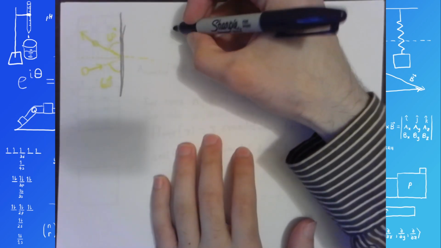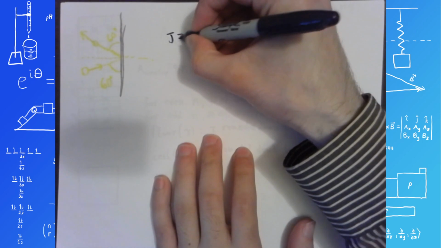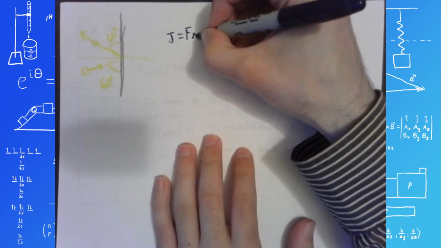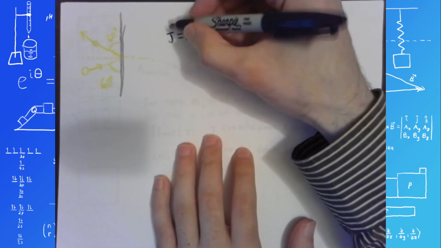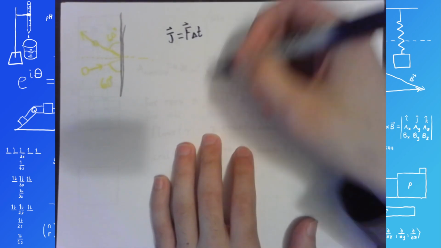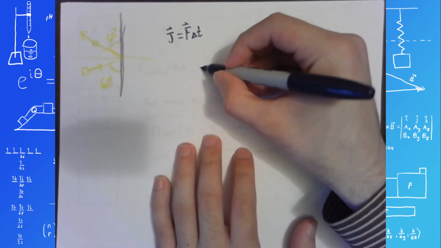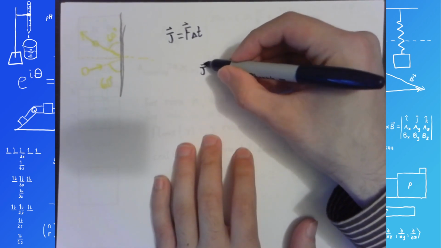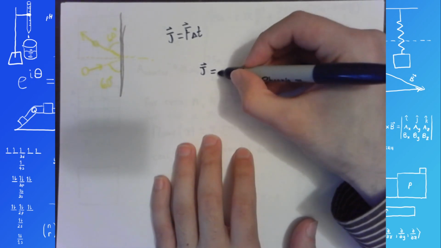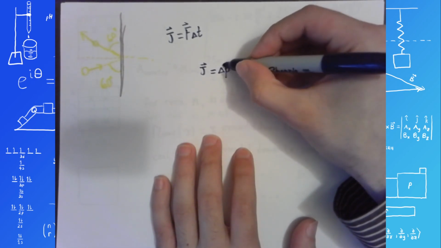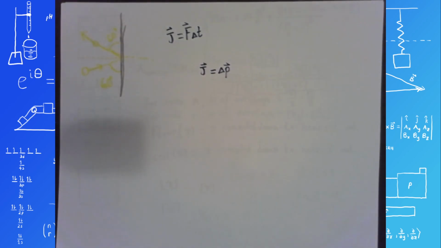So it's asking what's the average force exerted by the wall on the ball. And if you remember the impulse momentum theorem, then you know that the impulse, which is defined as force times change in time, is equal to the change in momentum.